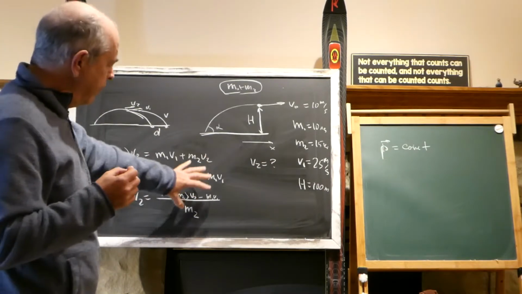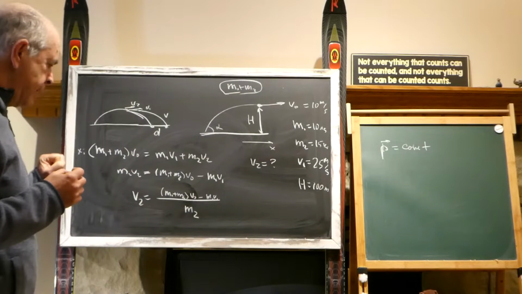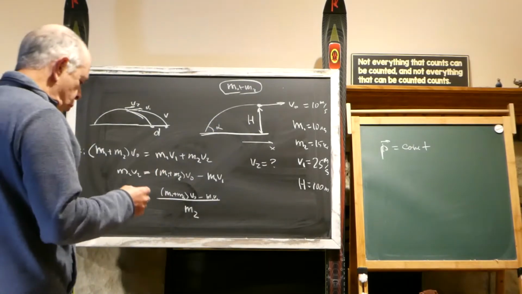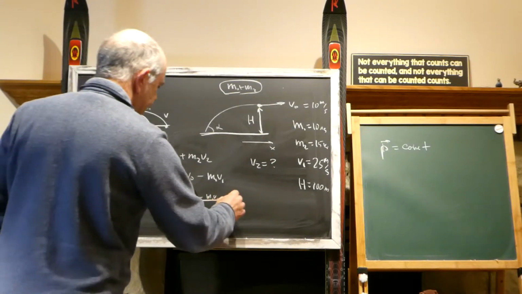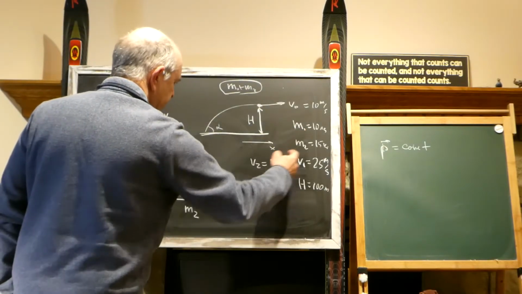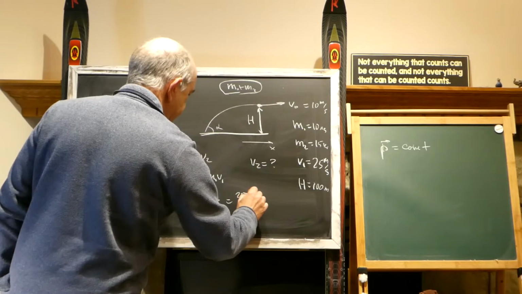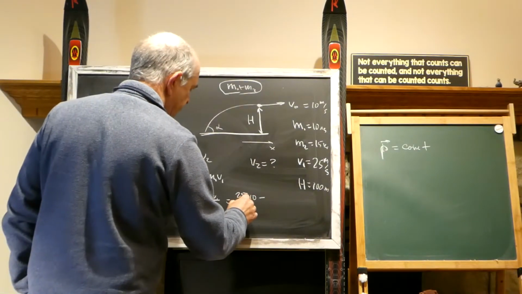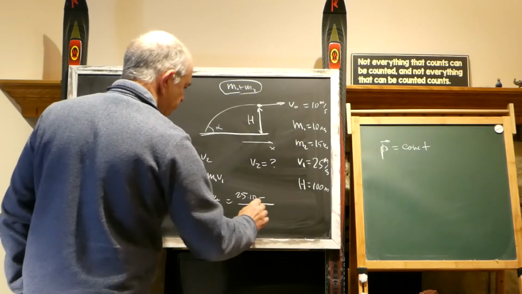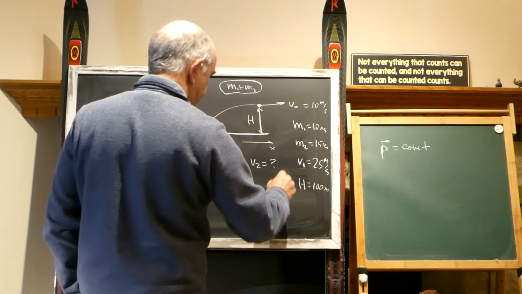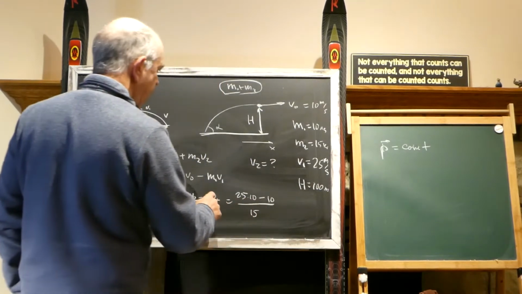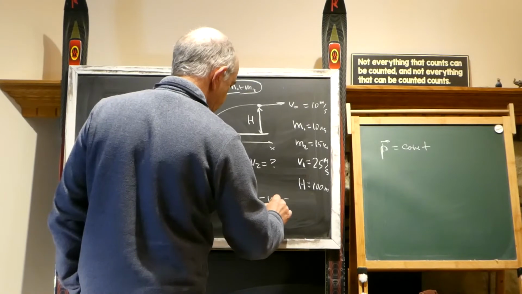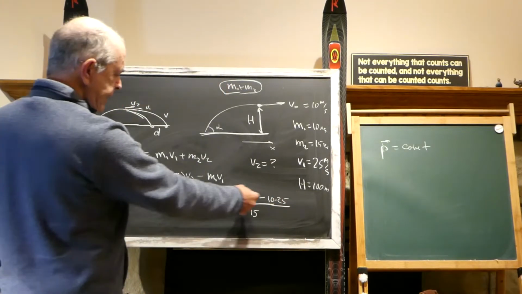Because if I put the numbers, I can obtain v2 right away. m1 plus m2 is 10 plus 15, it would be 25, multiplied by 10, and then minus m1 v1, which is 10 times 25, over m2, which is 15. And right away I see that it is 0.